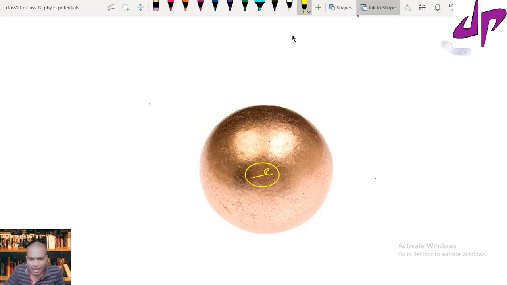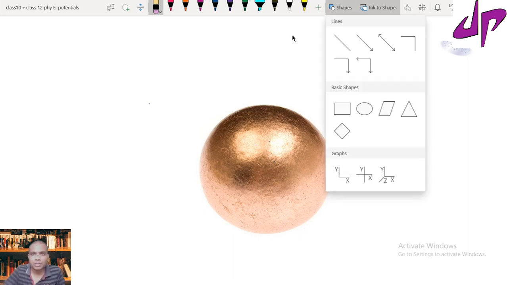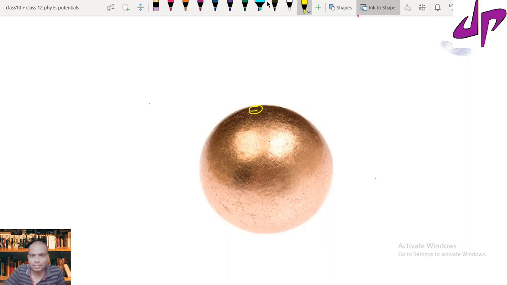It will not be present at the interior, meaning inside. It will be present only on the exterior. We can say the charge is accumulated only on the edges. Here I have taken the negative charge, so the same negative charge will be located here on the edges, just like this. The entire charge is distributed evenly.